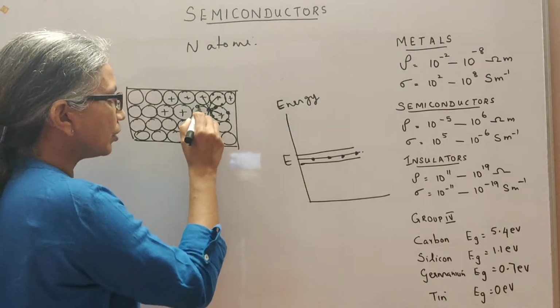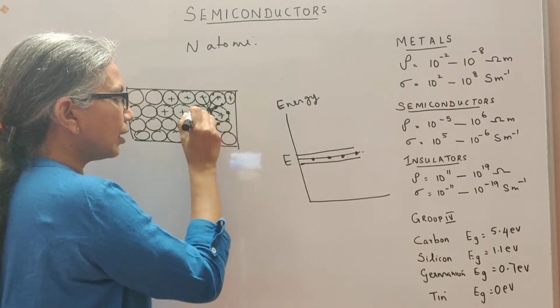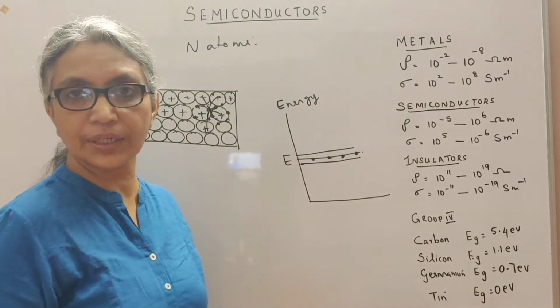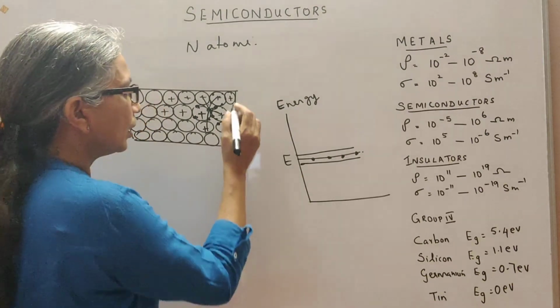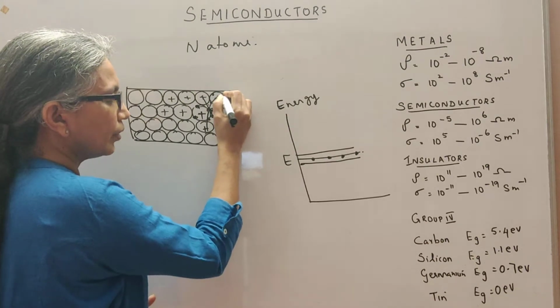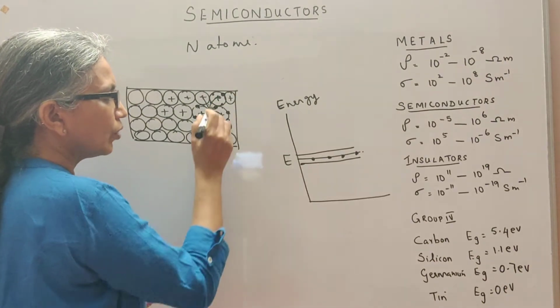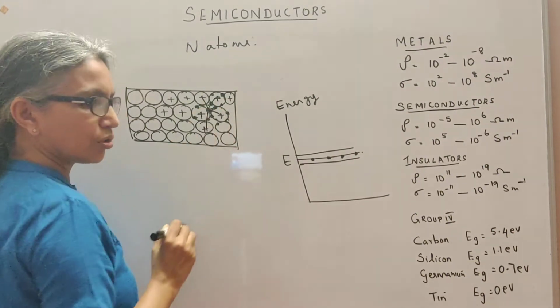Now, if you look at the 4 valence electrons of this atom, the number of interactions will depend on the number of neighboring atoms that particular atom has. For example, the number of interactions that this electron will have will be different from the number of interactions that this electron will have.